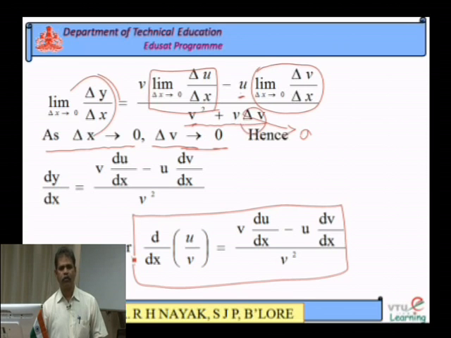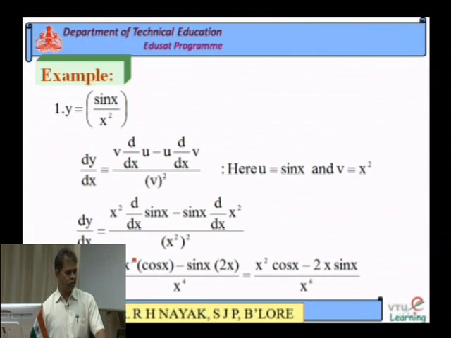In the product rule we have the first term into differentiation of the second plus the second term into differentiation of the first term, but in the quotient rule we start with v, that is v into du by dx. In the middle we have a minus sign, then u into dv by dx. In the denominator we take v square.